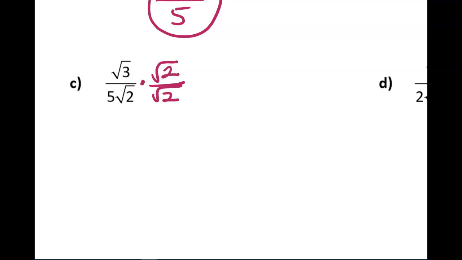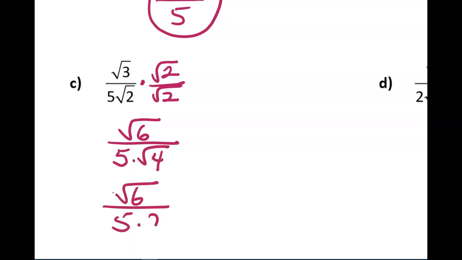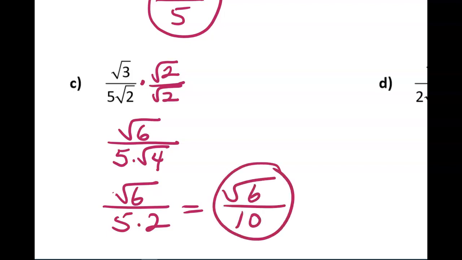Notice we don't multiply by the whole denominator. That's going to result in something that would need to be simplified a little bit more. All right, so in the numerator, square root of 3 times square root of 2 is square root of 6. And in the denominator, we have 5 times the square root of 4, which would be square root of 6 over 5 times 2, is square root of 6 over 10.